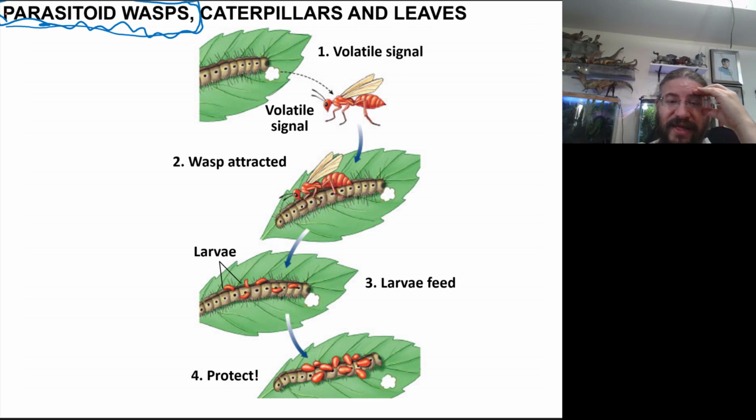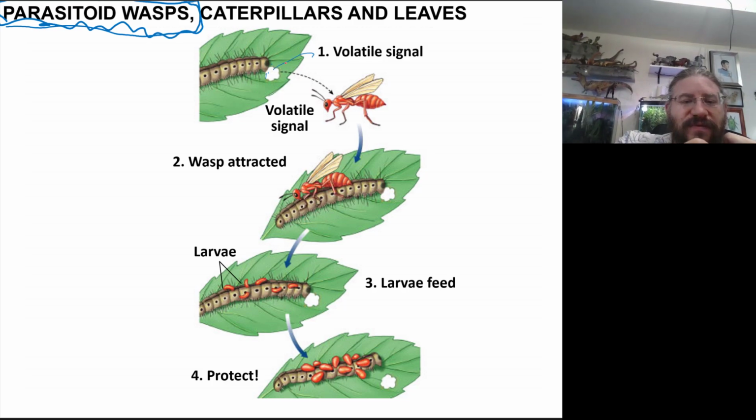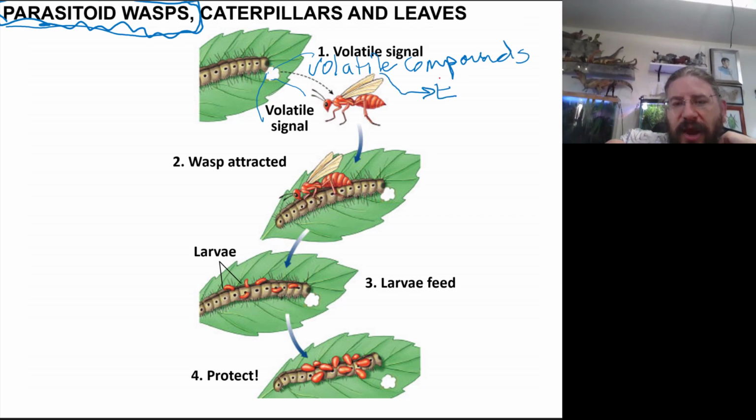So it's pretty wild. And a cool fact is that when a caterpillar chews a leaf, the leaf releases volatile compounds. Volatile compounds evaporate quickly and diffuse in the air. That's kind of what it means to be volatile.